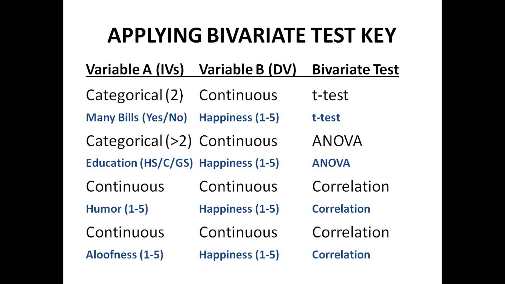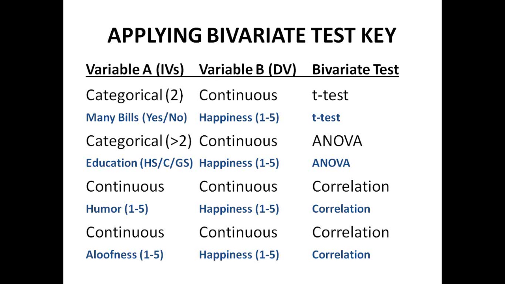For example, the first relationship we're looking at is categorical with two categories, which is many bills monthly, and our continuous happiness dependent variable, and you would use a t-test. Right? And then the next one we have categorical with more than two categories, which is education, and high school, college, and graduate school, being related to happiness, continuous variable, ANOVA.